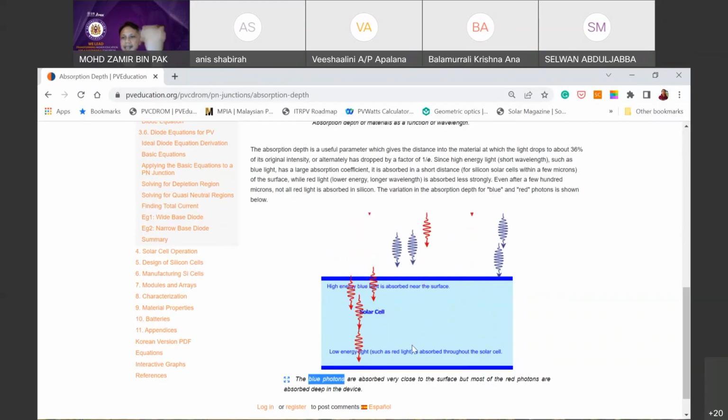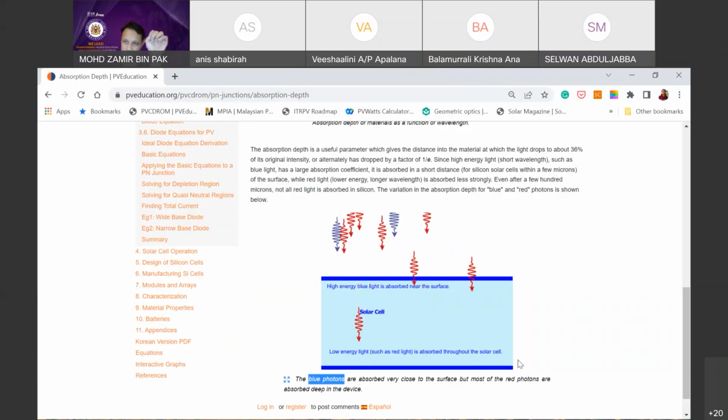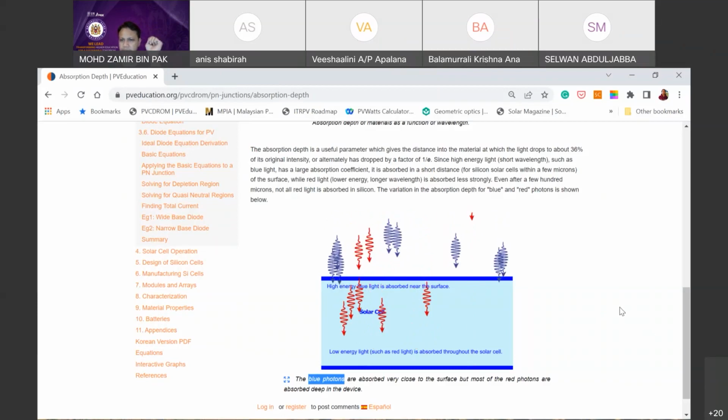It's already the silicon to air interface. So the red photon will be transmitted at the back. So you need to supply enough volume, enough thickness, assuming the same area, because volume is area times thickness. You need to supply sufficient thickness to ensure blue are absorbed, yellow, green are absorbed, and red are absorbed as well. And the greens and the yellows will be absorbed in the middle, correct? Because they are visible, right?